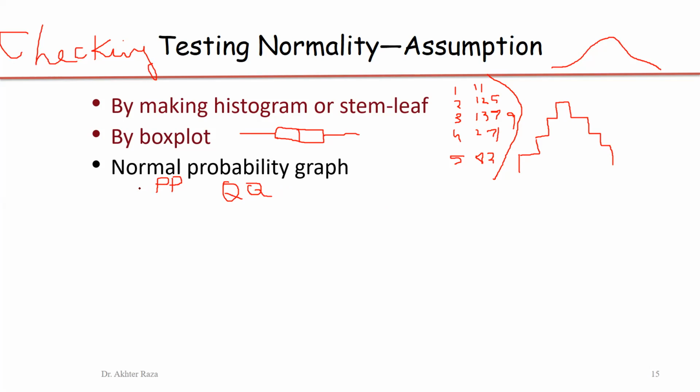If the normal probability plot is linear in shape, we can call the data normal. So in the normal probability plot, your points are more or less linear in pattern. If the points are in a linear pattern, we call the data normally distributed. If the points are on a curve, we cannot say the data is normally distributed.